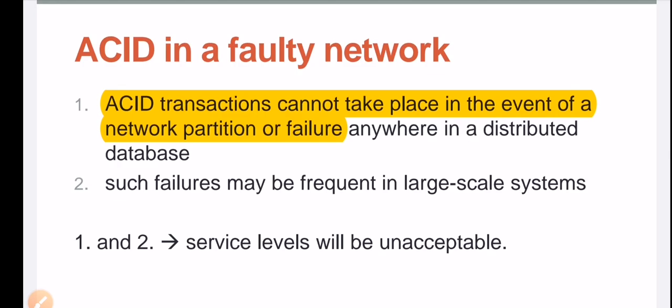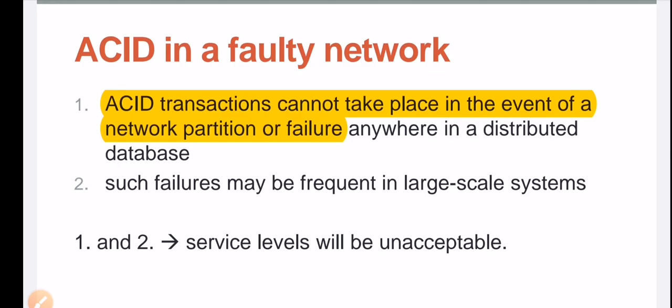BASE system. This BASE system is basically available. It sacrifices CAP consistency for availability. We need the nodes to be available, and we sacrifice consistency that we may resolve after the network partition is resolved.